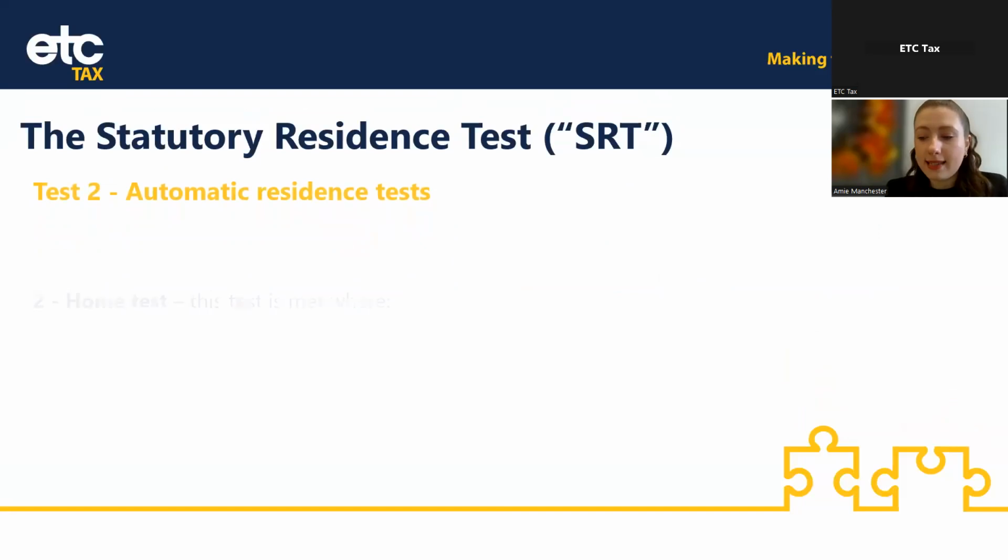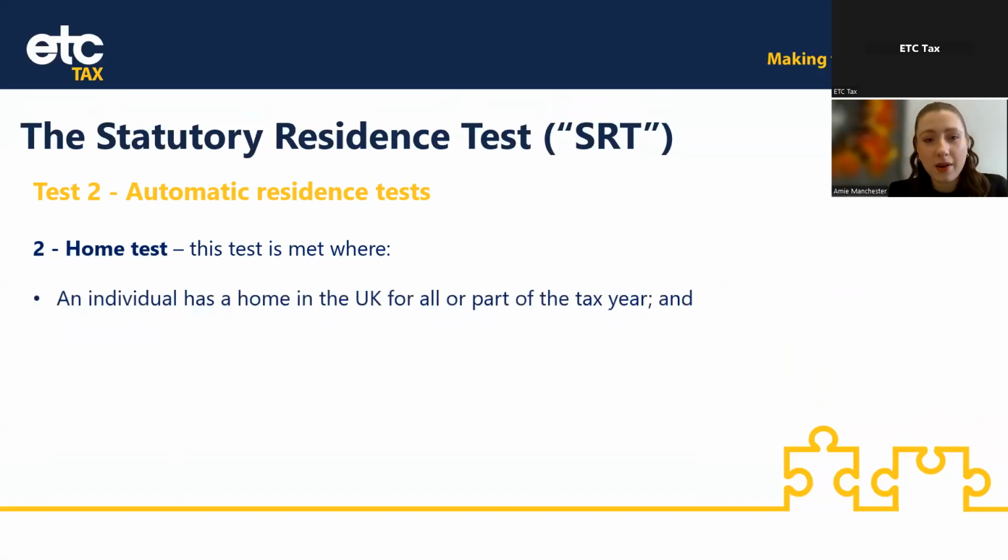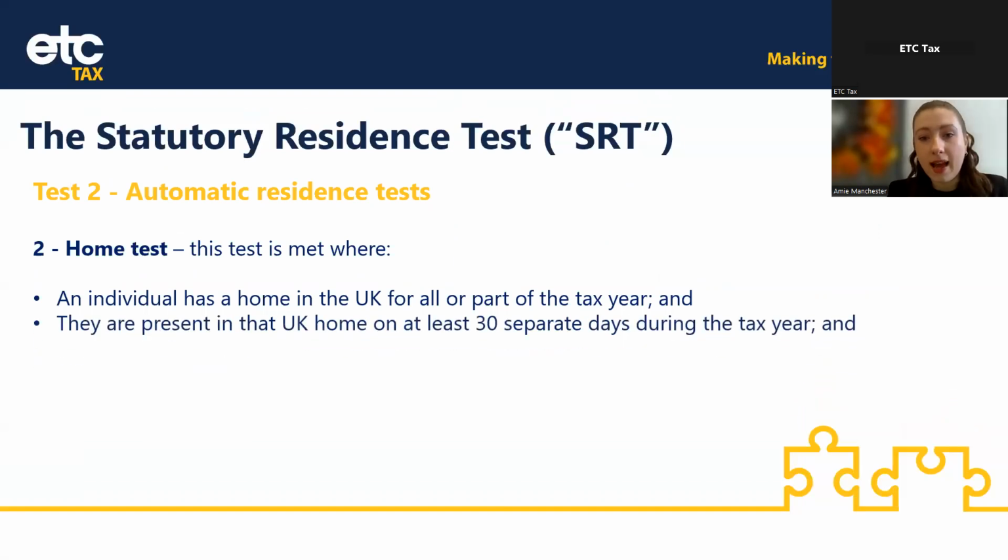The next test is the home test. And to be honest, this is probably the most complex test, in my opinion anyway, in the SRT. The home test will apply where an individual has a home in the UK for all or part of the tax year, and they are present in that UK home on at least 30 separate days during the tax year.